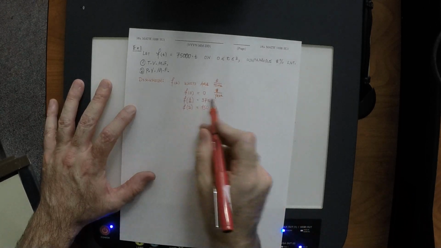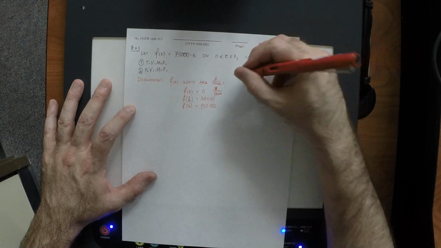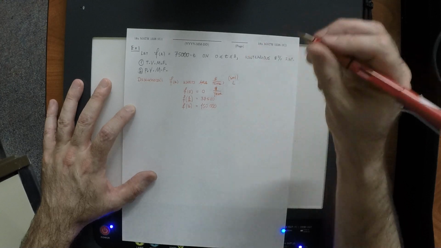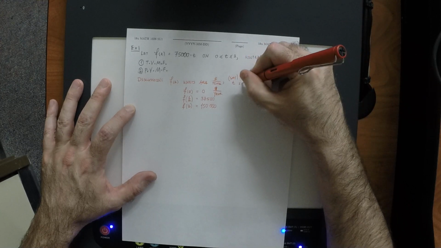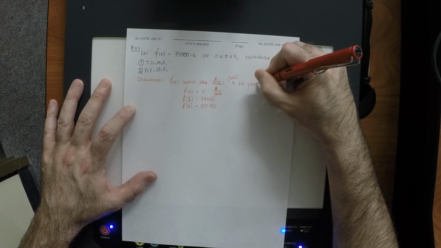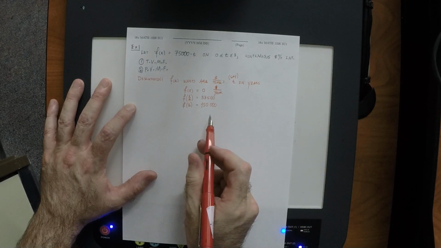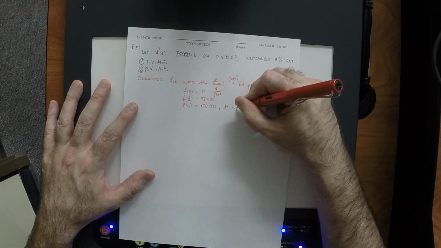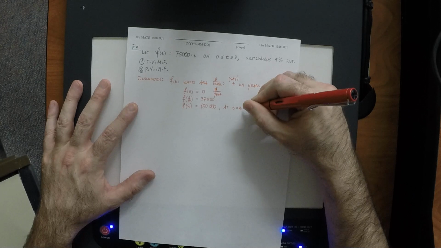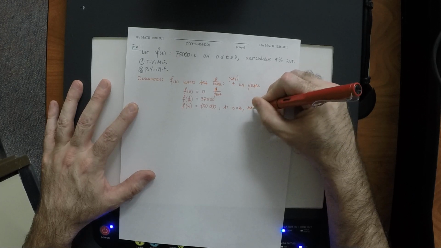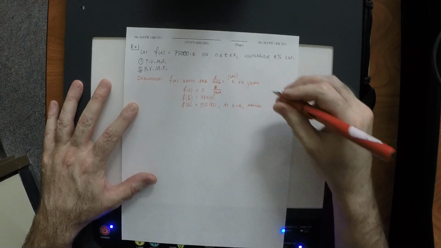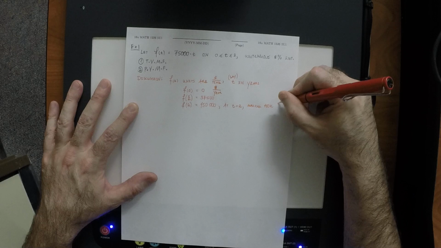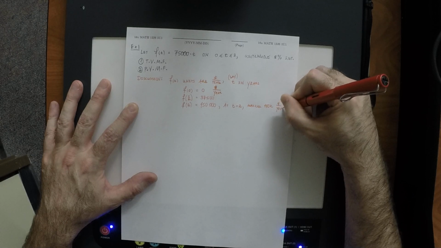So units are dollars per time, and if we just say that t is in years, then the meaning of this is that at t equal 2, just at that particular instant, we're making $150,000 per year in business.